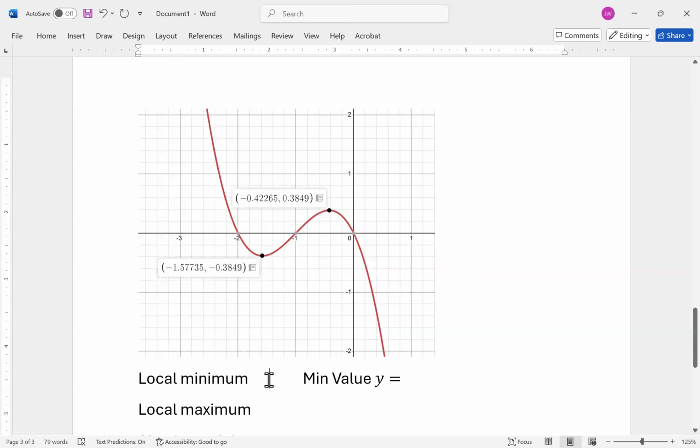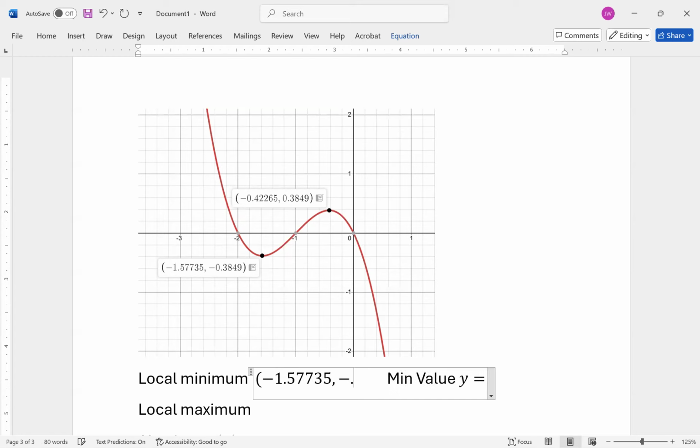So we can see that the local minimum happens at the point roughly negative 1.58, comma, negative 0.38. And that means the minimum value is that negative 0.38 roughly.